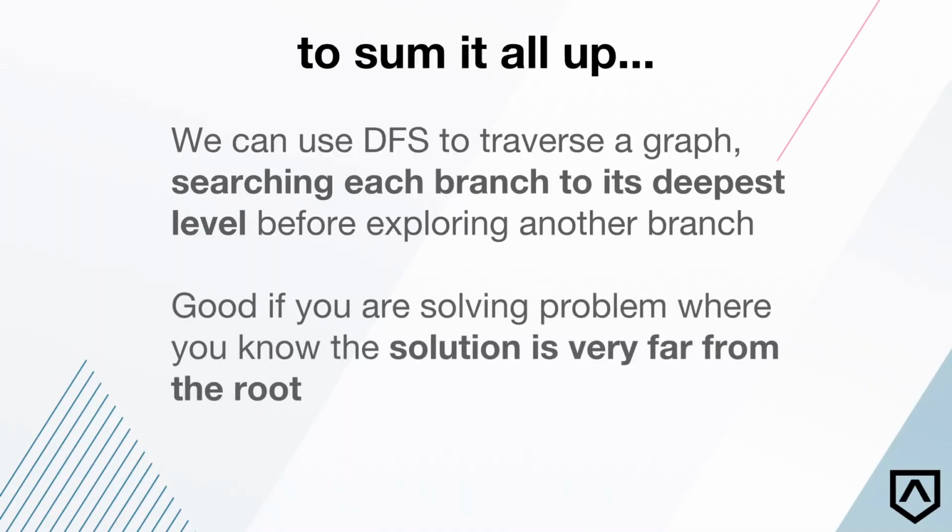So this is a good algorithm to use if you know that your solution is going to be very far away from the root node. Because with breadth first search, you know that you're going to process those leaf nodes, those nodes away from the starting node, very close to the end of your search. With depth first search, you'll process some of those earlier in your search, so you could potentially come across your solution more quickly.